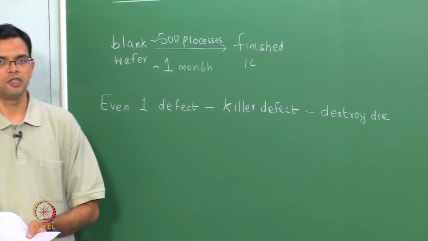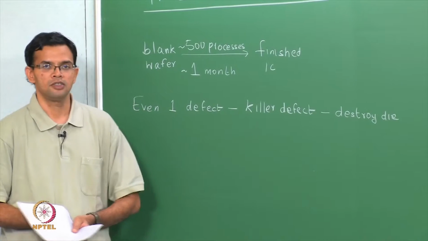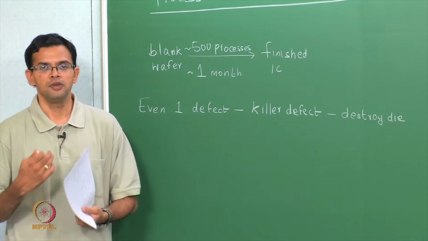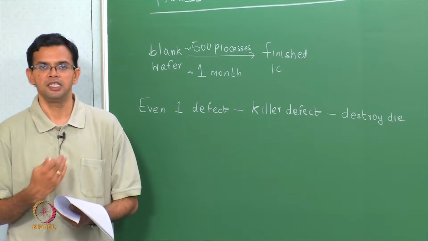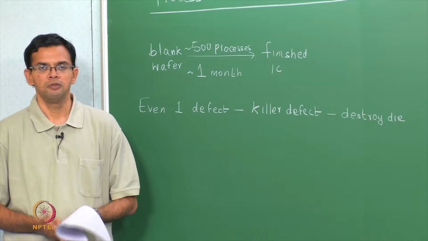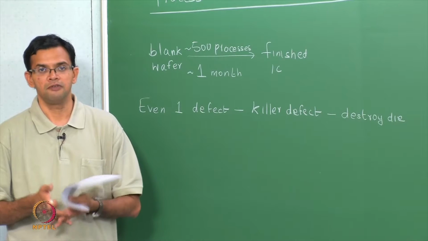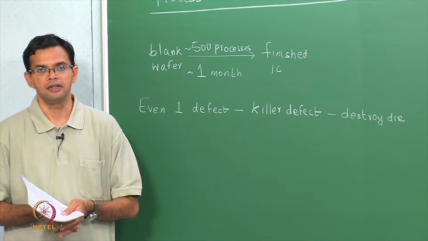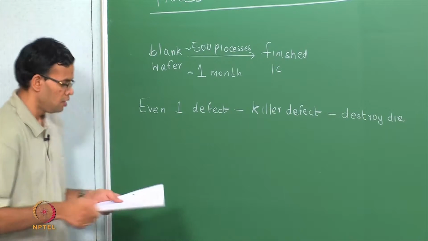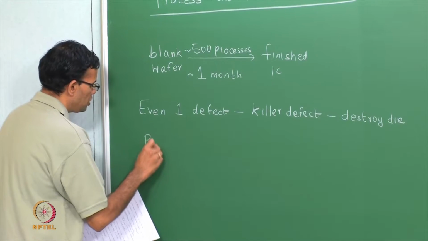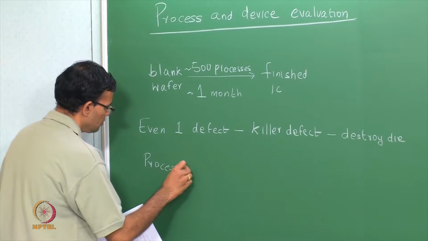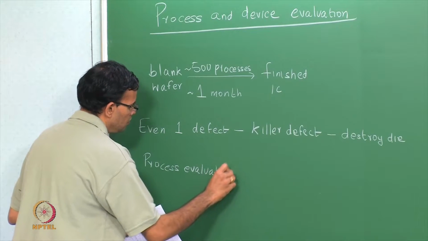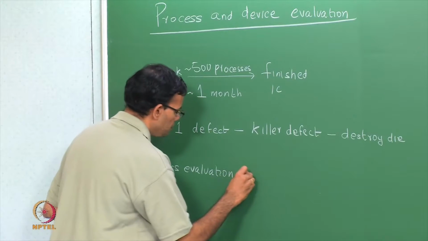So, because of this, device or process evaluation is very important, and it is usually done at each and every stage of the process to make sure that the wafers are getting exact treatment that they are intended to get. So, process evaluation is done throughout.